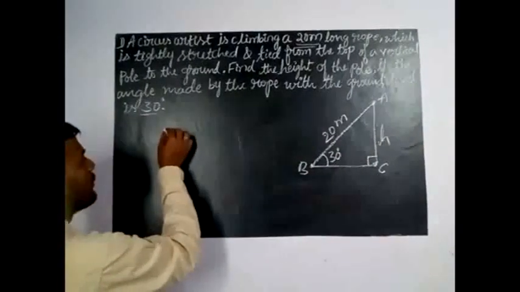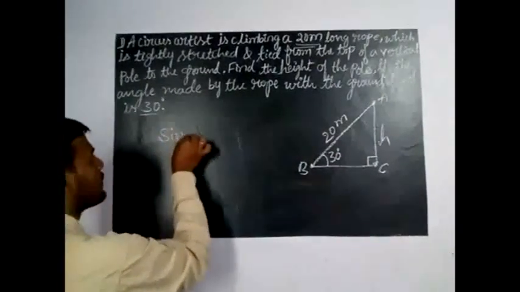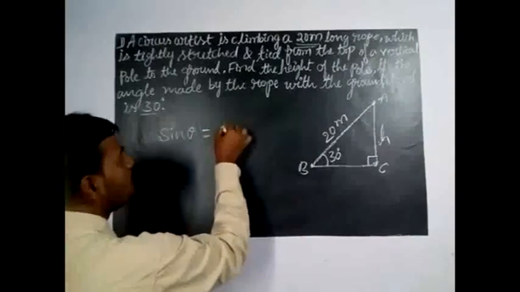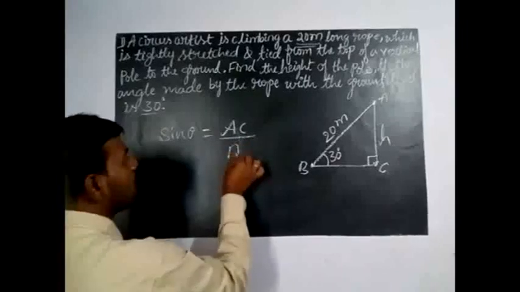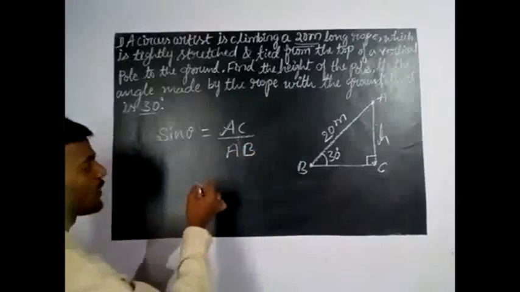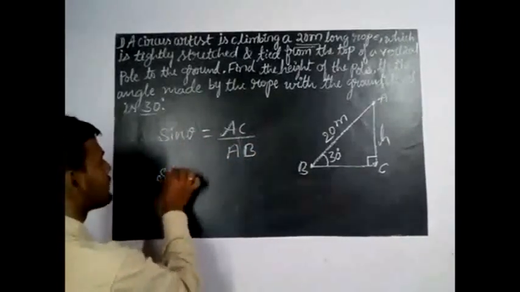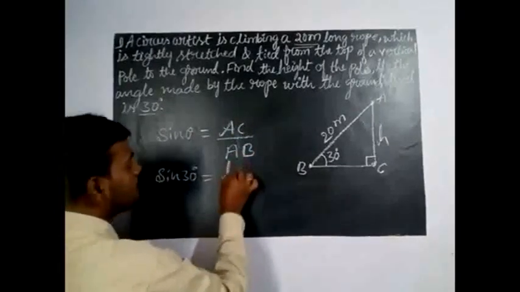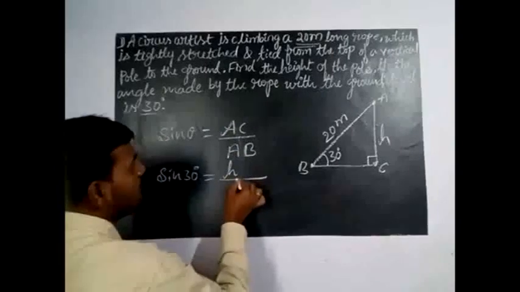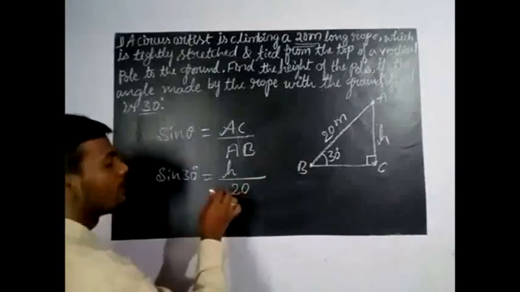So let us apply sin theta. This is equal to opposite, AC, by AB, where AB is the hypotenuse. Sin 30 degrees is equal to AC, which is H we took, over AB, which is 20 meter as given. Now what we have to find?